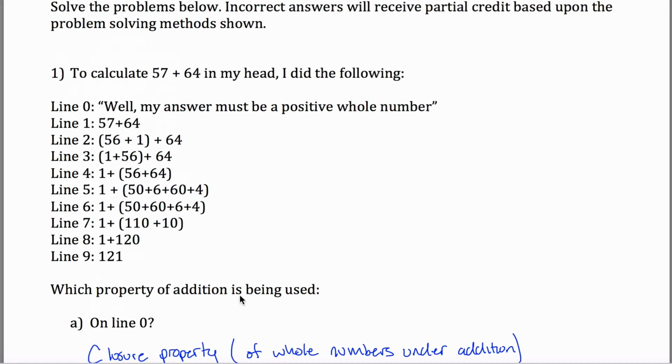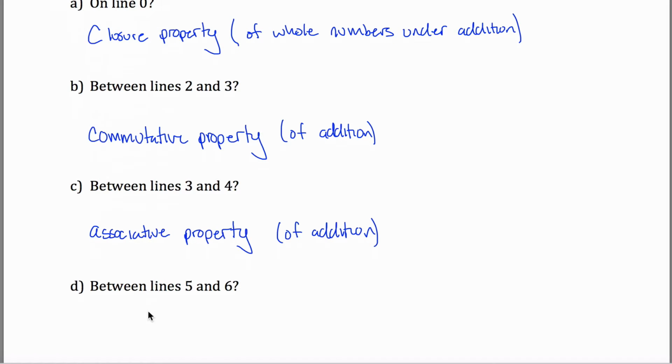And then lastly, it says between lines 5 and 6. Well, okay, so I got 1 plus 56 plus 64, and then instead of 56, I wrote it as 50 plus 6, and 64 is 60 plus 4. And then what I did is I changed the order here again. The 50 stays the same and the 4 stays the same, but the 6 and the 60 change place. The property that allows me to switch those places is what's called the commutative property.